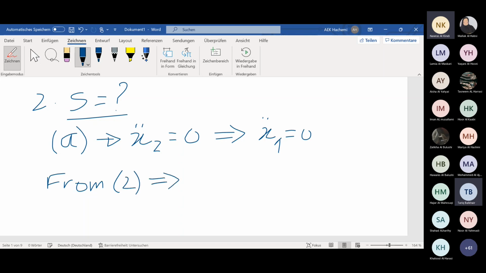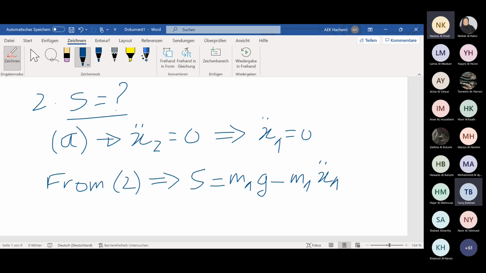we have S equal to M1 multiplied by G minus M1 x dot dot 1.